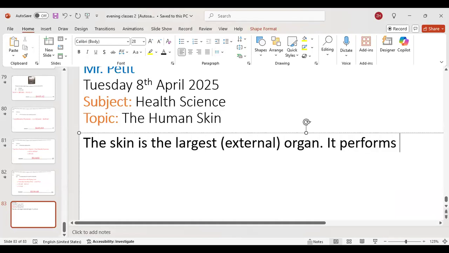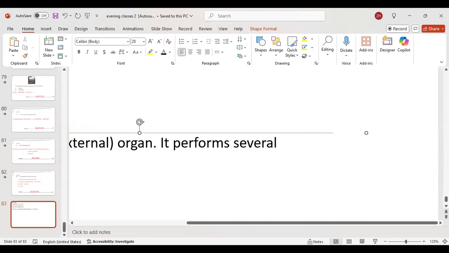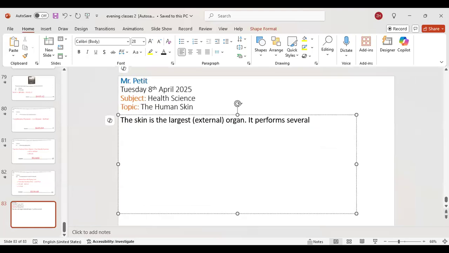It performs several important functions, such as number one, it protects the body from the outside environment.